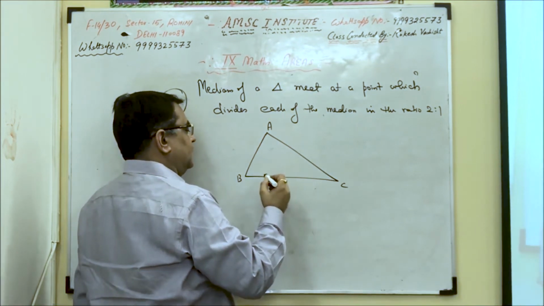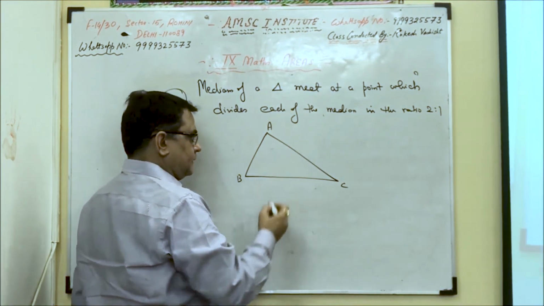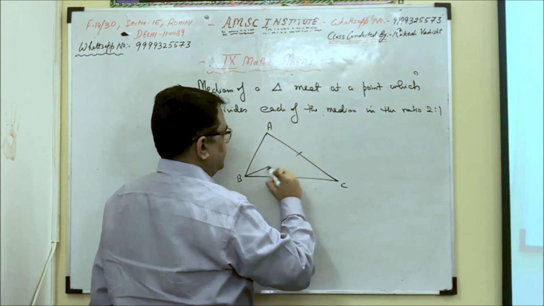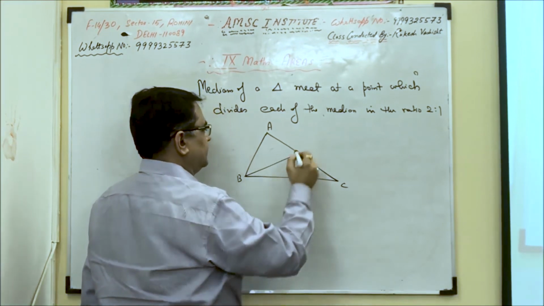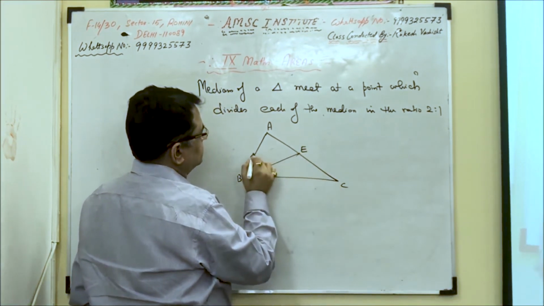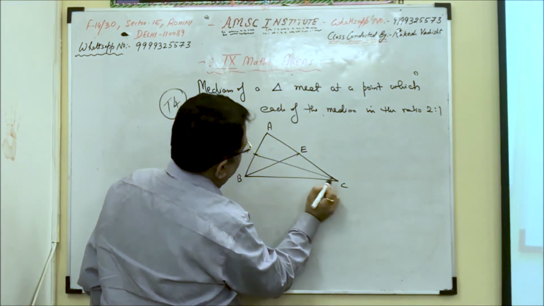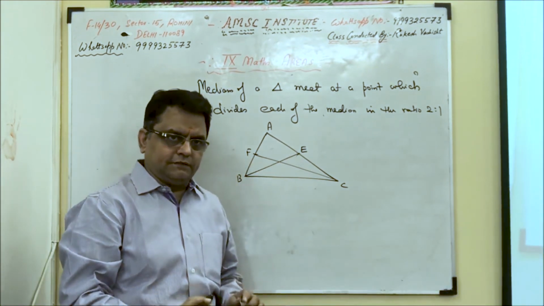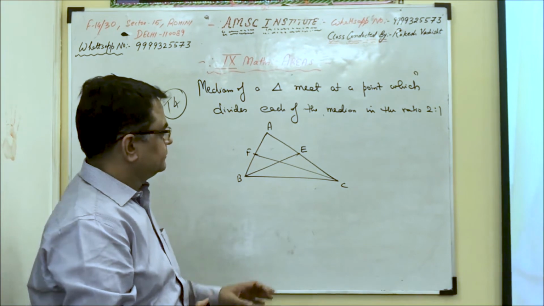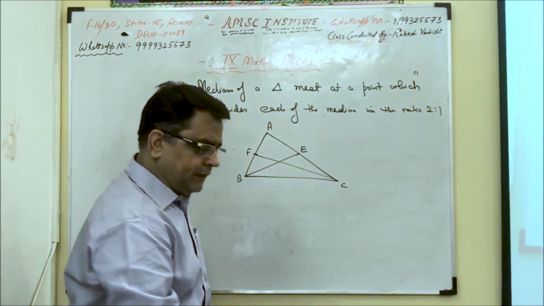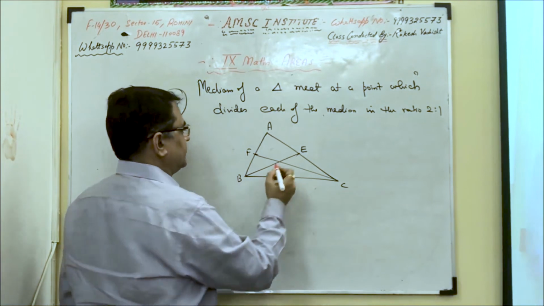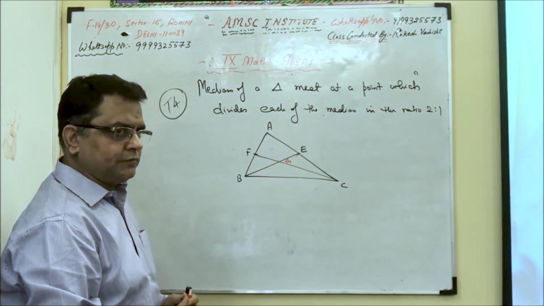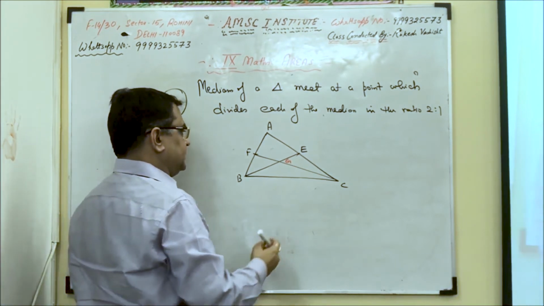Right. What is given here? BE and CF are medians and they are meeting at a point G. And let this point of intersection of the pair of medians be G itself.